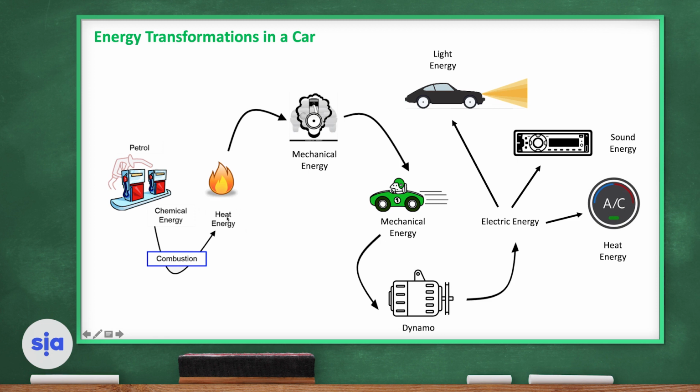This heat energy will be converted to mechanical energy used by the motor of the car for the car to move. Some of the mechanical energy will be converted by the dynamo into electric energy. And this electric energy will be converted into light energy, sound energy, and heat energy.